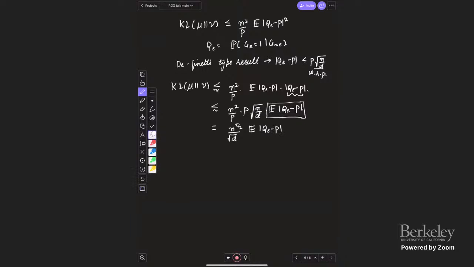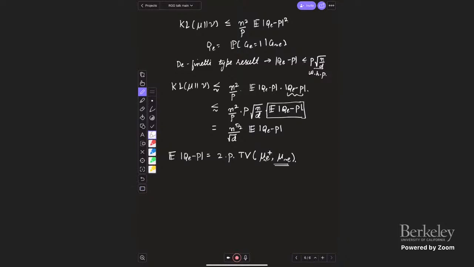Okay, so we can actually show that expectation of mod Q_E minus P is equal to 2 times P times the total variation distance of mu tilde E plus and mu tilde E. Okay, what is mu tilde E?